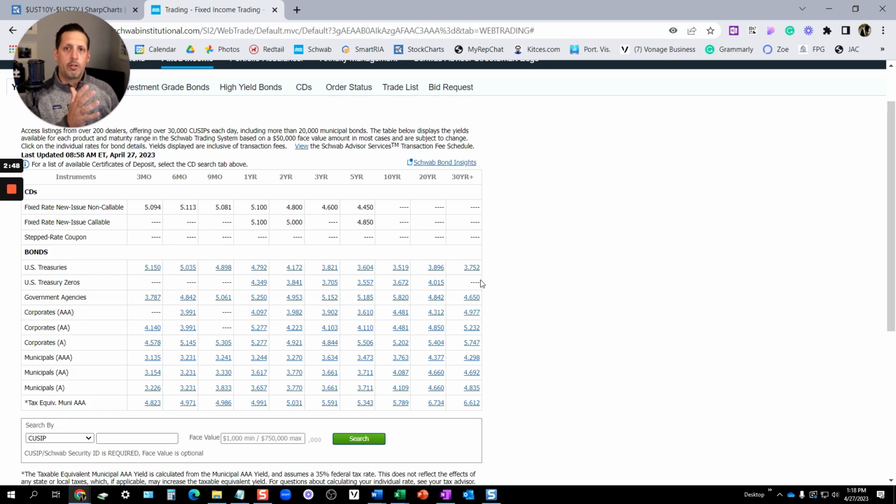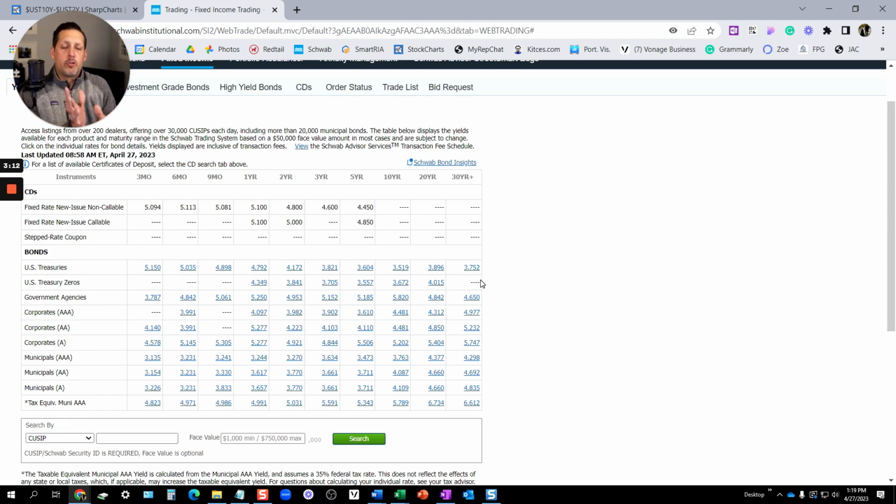Why are you normally rewarded for going out longer? Because there's more interest rate risk, more bond risk. When you're longer out, a change in interest rates has a much greater impact on the value of your bond. If interest rates go up, your bond prices will go down. If interest rates go down, your bond prices will go up.